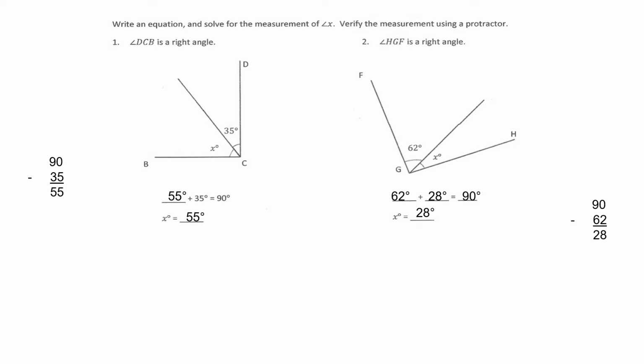So 90 minus 62 is 28 because we decompose the 9. So we're left with 8 tens. This is 10 minus 2 is 8. 8 minus 2 is 2. 8 minus 6 is 2. So 62 plus 28 equals 90. So x equals 28 degrees.